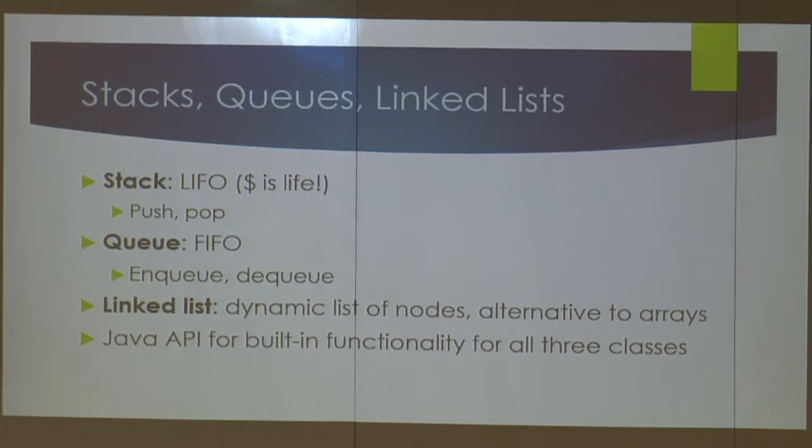And then a linked list is a dynamic list of nodes, and it's another alternative to arrays. We're always looking for those alternatives to arrays, since arrays are static in size, which isn't super useful in case you want to be adding and deleting information. And if you want to see the functionality that exists, again, Google something like Java Stack API or Java Linked List API, and you can see all the ways that you can declare and then start using these objects.